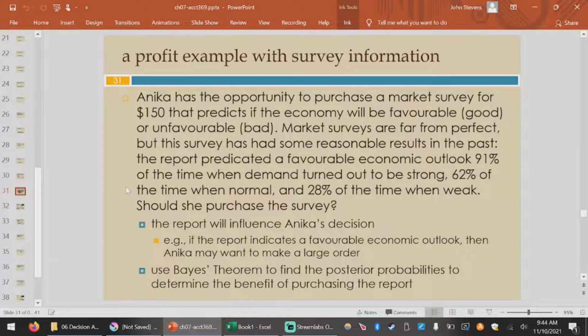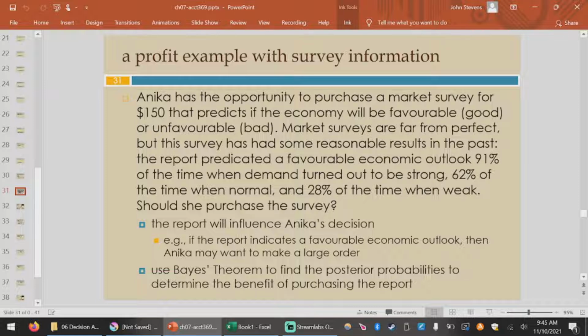I'm trying to jump ahead here. Okay, so here we go, 31. So now we have an expansion on this example where she can pay for a market survey that will tell her the market is favorable or unfavorable. And then she can base her decisions off of that.